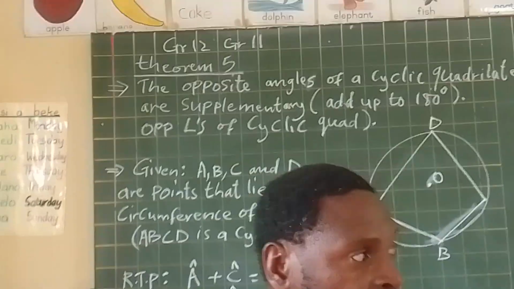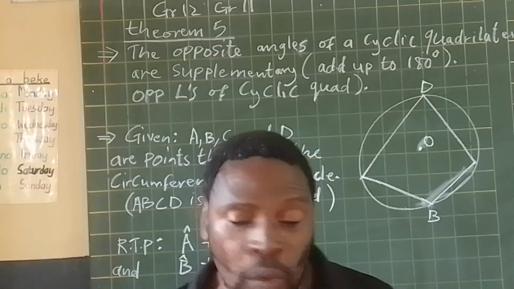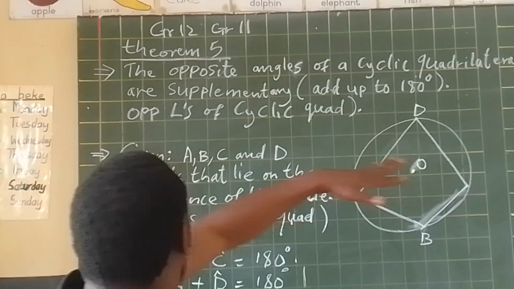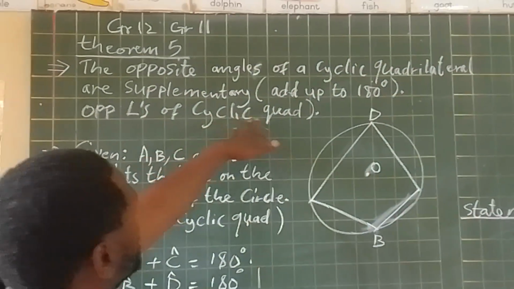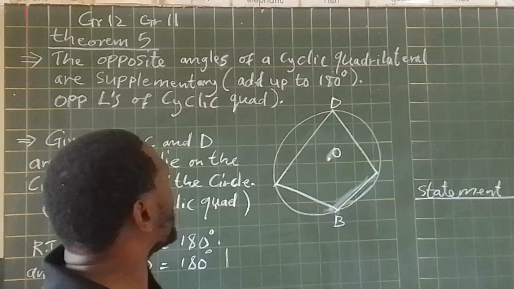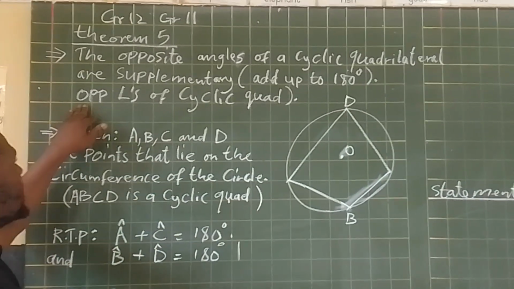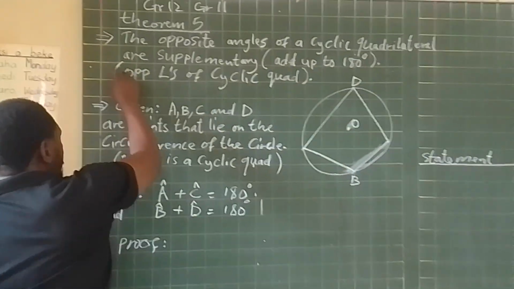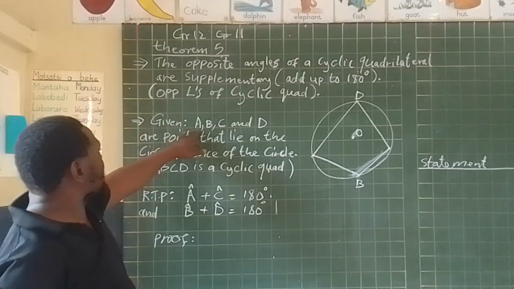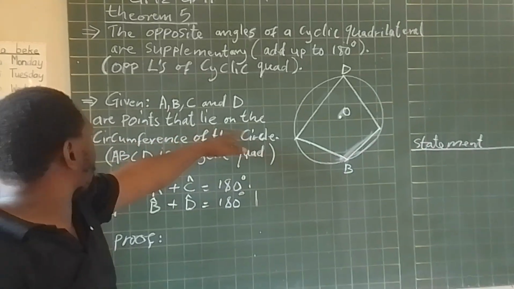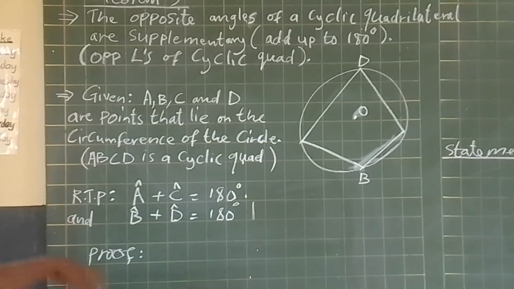This is cyclic geometry. We are going to prove the theorem that says the opposite angles of a cyclic quadrilateral are supplementary, which means they add up to 180 degrees. We are given A, B, C, and D are points that lie on the circumference of the circle.